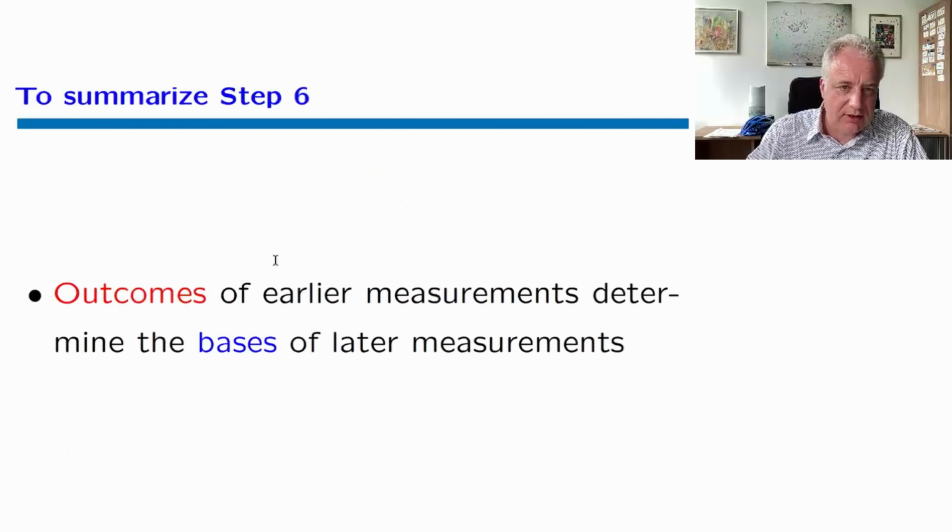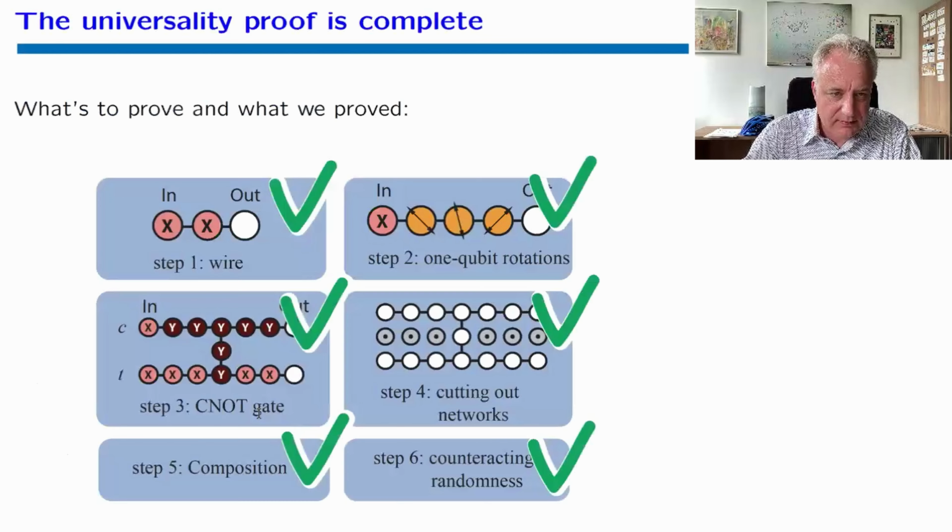Okay, good. So here is maybe the upshot of this whole thing. Outcomes of earlier measurements determine the basis of later measurements. And this whole adaptation business, first of all, gives temporal order to measurement-based quantum computation. Okay, so that is all we had to prove.